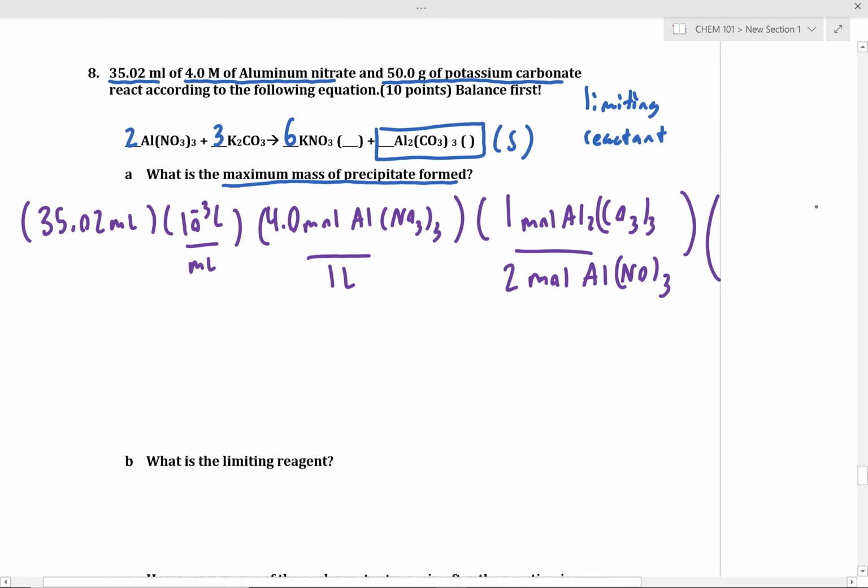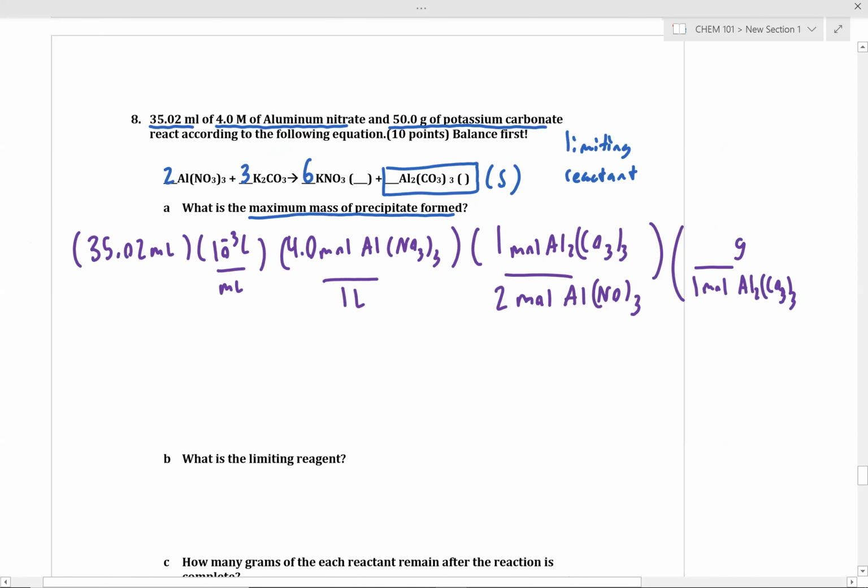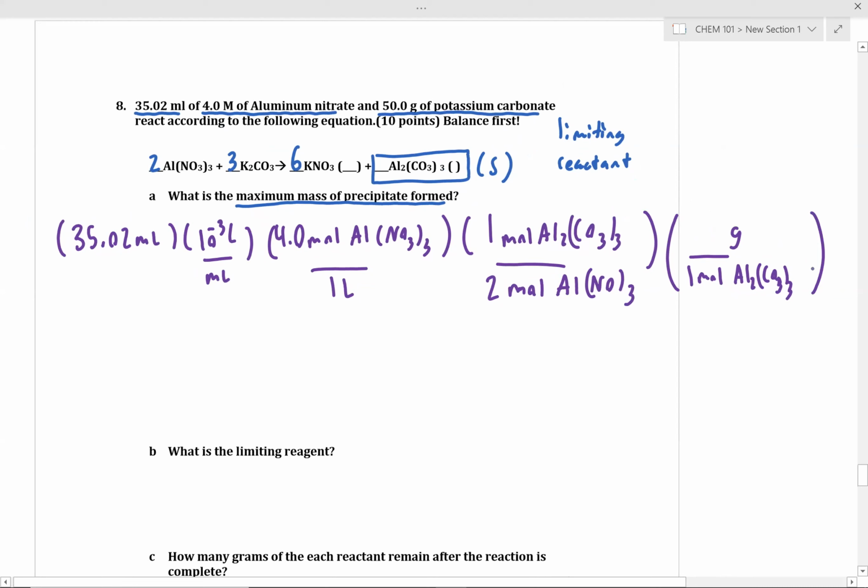Okay, and then finally, how many grams are present in 1 mole of aluminum carbonate? So let's calculate that really quickly. So we have 27 times 2 plus 12 times 3 plus 16 times 9.